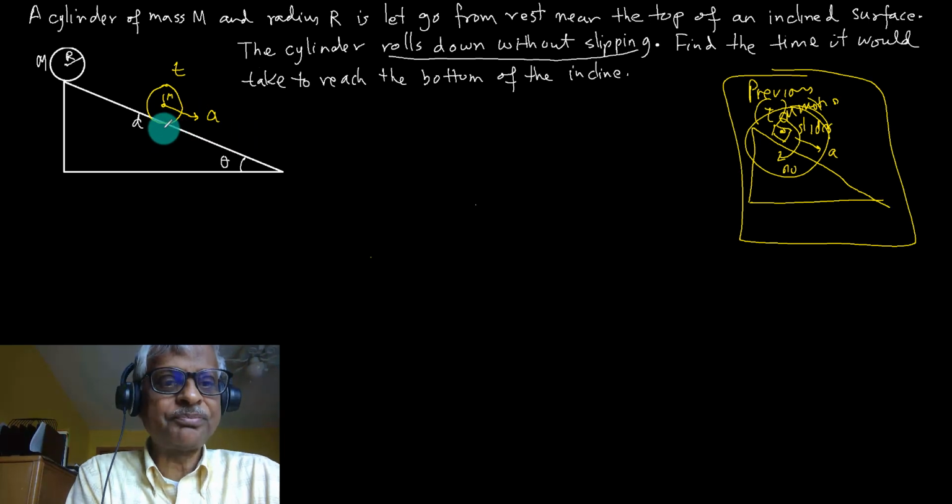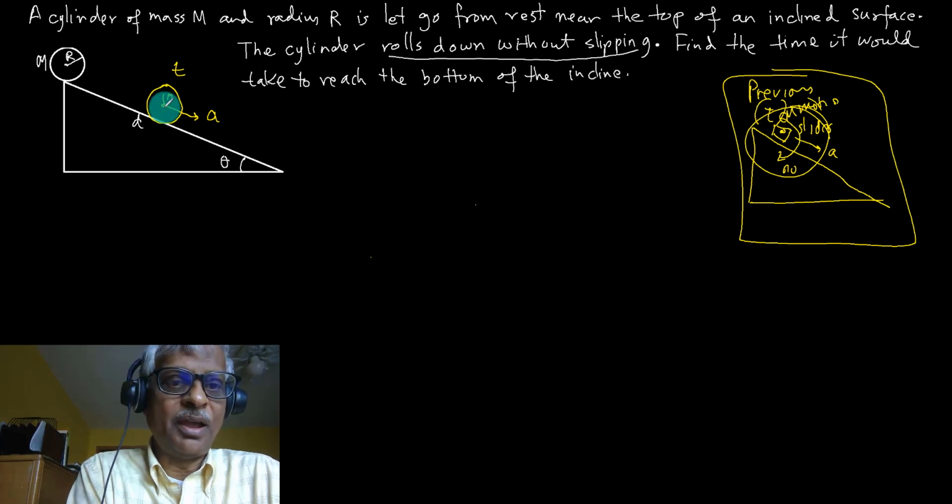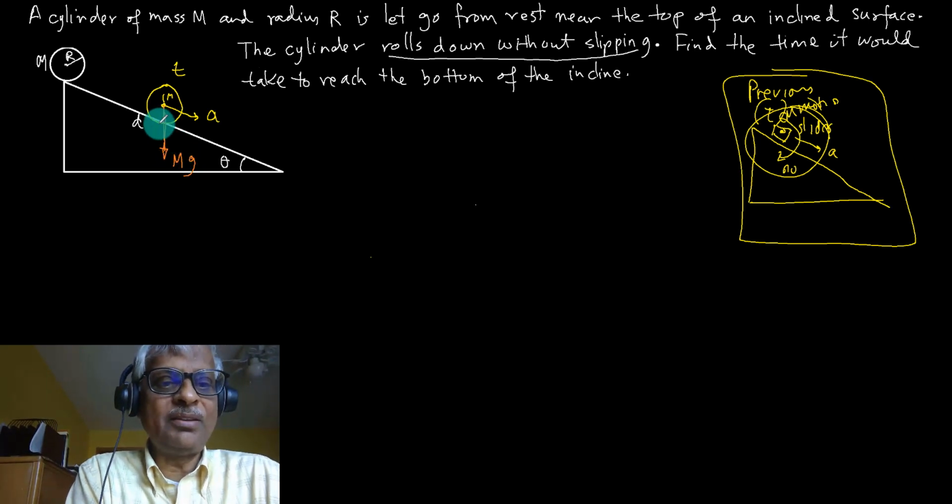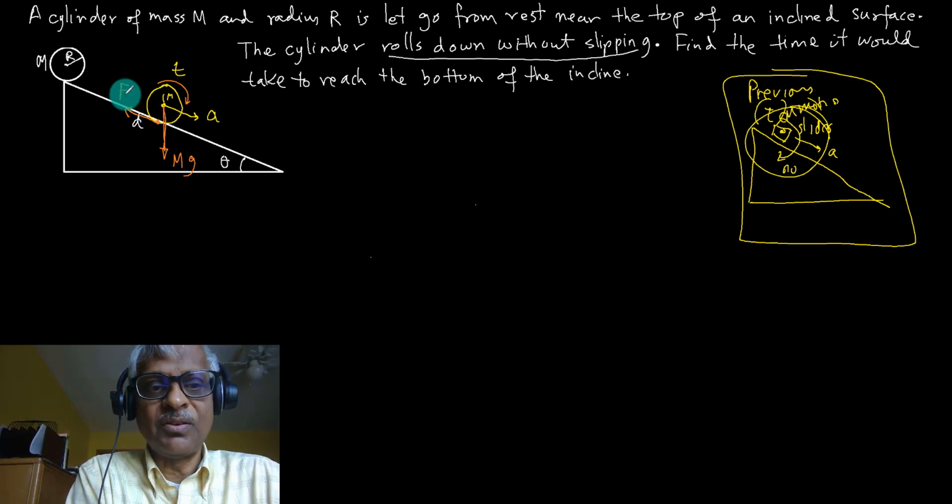If I look at the forces, I will have a gravity force straight down, that would be mg. And then down here, when it's rolling, there's a point of contact, and that point of contact has a rolling friction Fr.